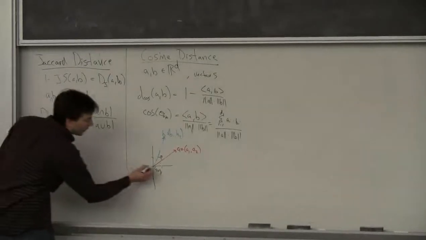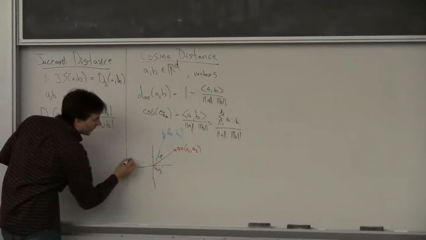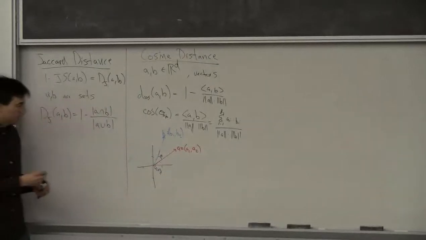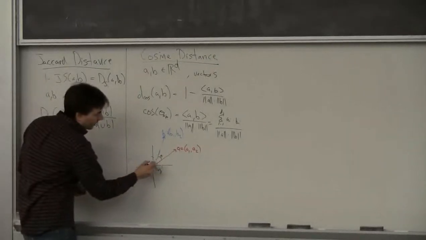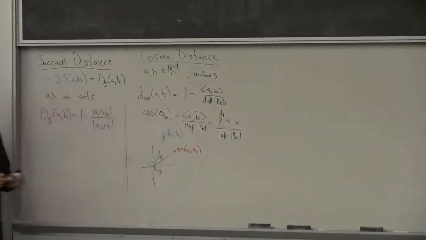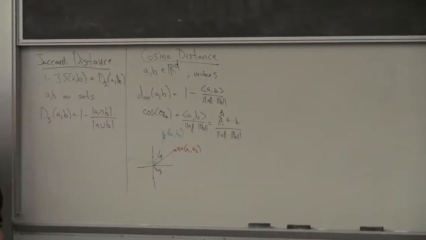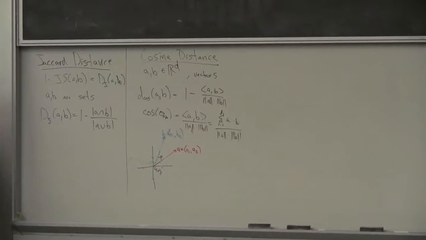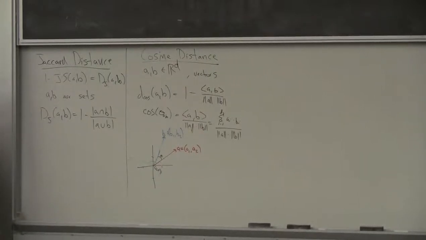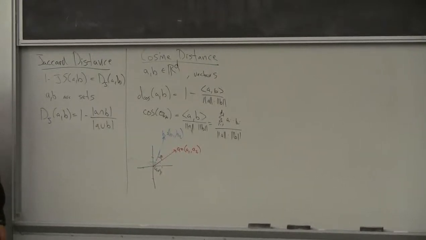So what if I have a vector out here, C, and I want to look at this angle here? Say it's 120 degrees. Cosine of 120 degrees is less than 0, so it's going to be 1 minus a negative, which is positive.